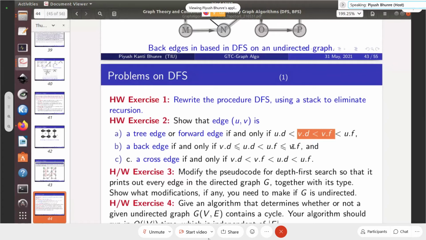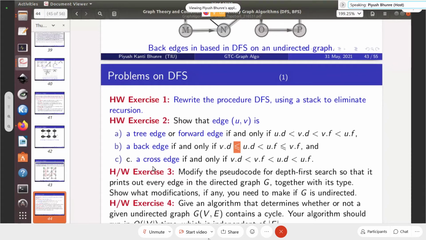And a back edge is when the interval of u is fully contained in the interval of v. I think it should be strictly less than, because there won't be any equality, the way we have used the start time and end time.